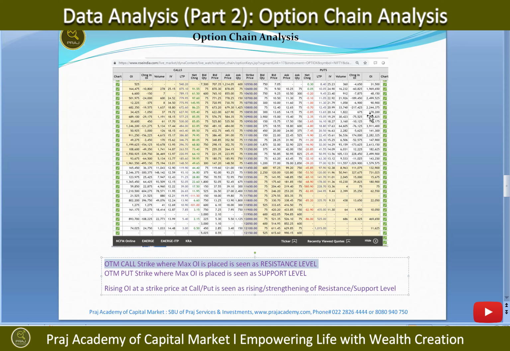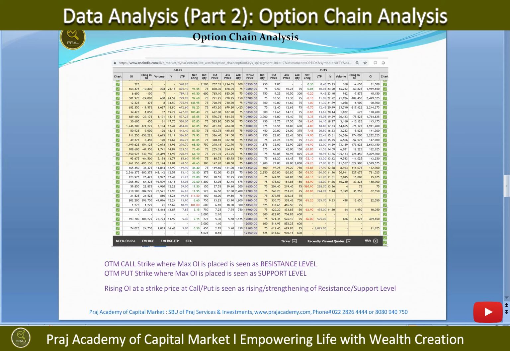So what we are using option chain for is finding out support and resistance levels. Rising open interest at a strike price of a call or put is seen as a strengthening of that support or resistance level, right?